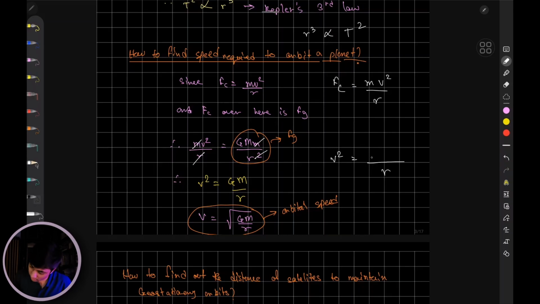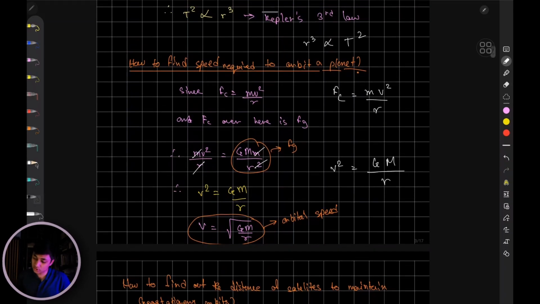You're also going to cancel the mass of the Moon, right? So you're going to be left with the gravitational constant times the mass of Earth, and that is going to be equal to the square of velocity. So now if you want to make just the velocity the subject, you're going to have v equals root of GM by r.